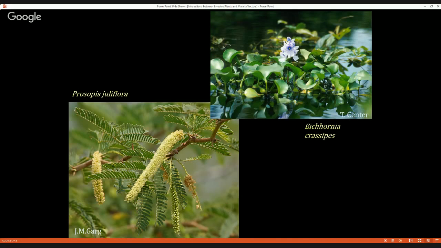So yes, this was something that came up at the workshop too. And this is why it might be a case-by-case basis, and this is why we also think it's very important to test this implied hypothesis. What if you have plants that invade and then reduce the incidence of malaria, right? I'm thinking habitat manipulation.